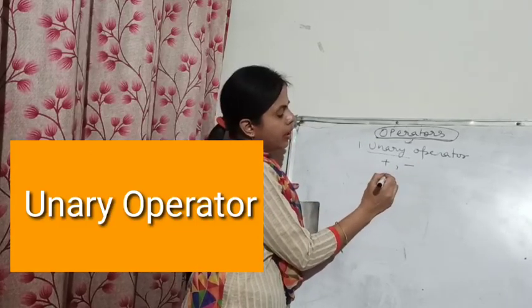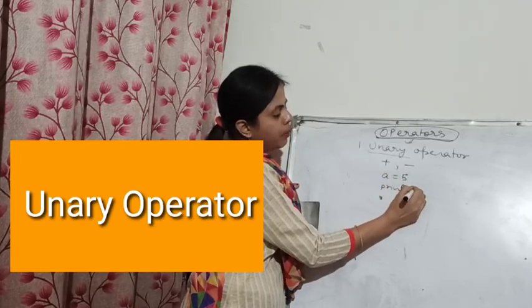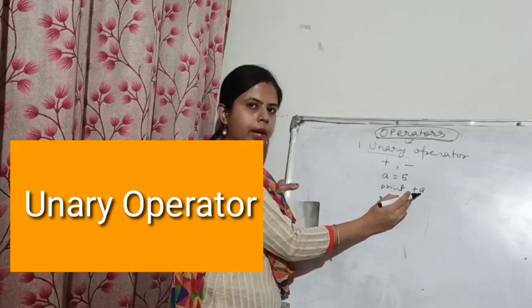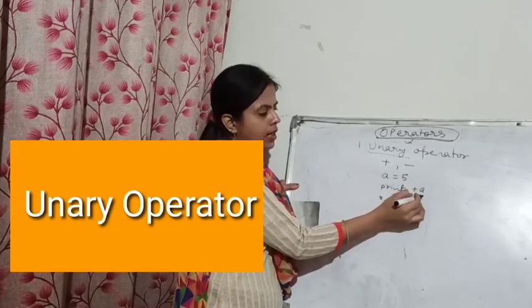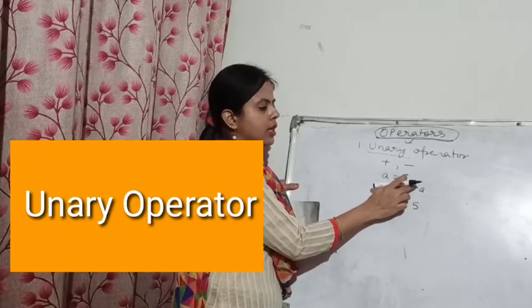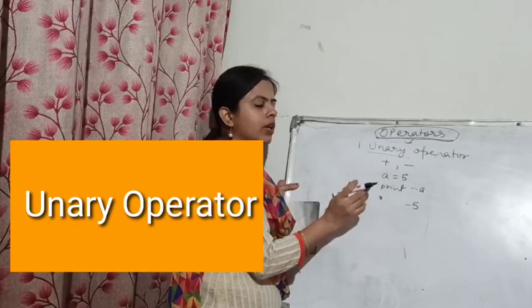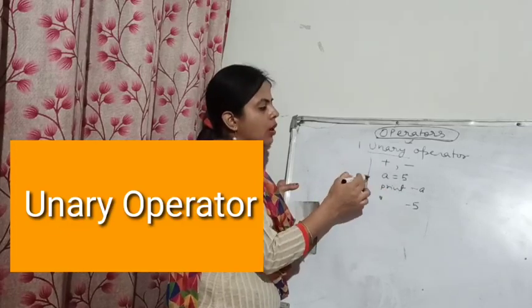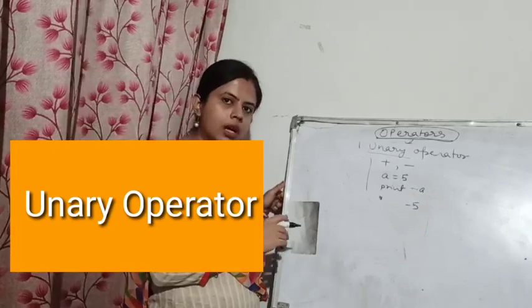For example, if I have written a is equal to 5, print plus a, it means a is the operand on which this operator is working, and the answer will be 5. And if you change this sign to minus, it will be called the unary minus operator, and the answer will be minus 5. This is how the unary operator works. The operator which works on a single operand is called a unary operator.